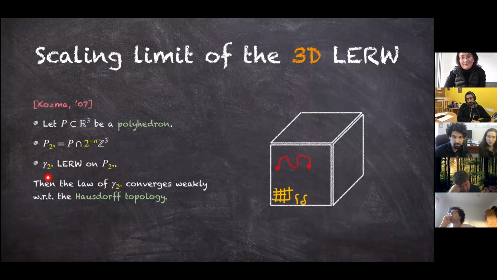So we obtain a path gamma_n, where 2^(-n) is the scaling of the lattice. So the theorem says that the law of this path converges weakly with respect to the Hausdorff topology, that is the shape of our paths.